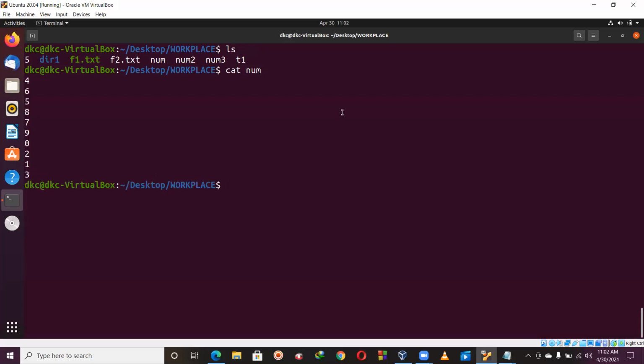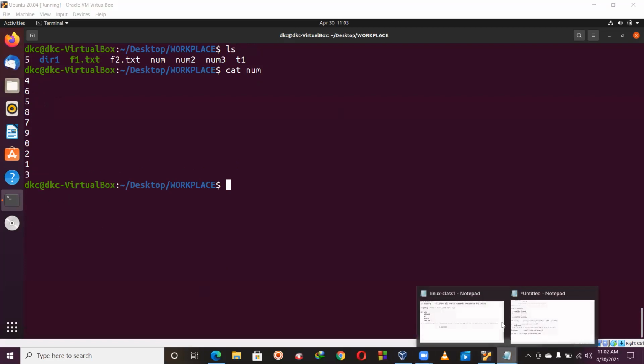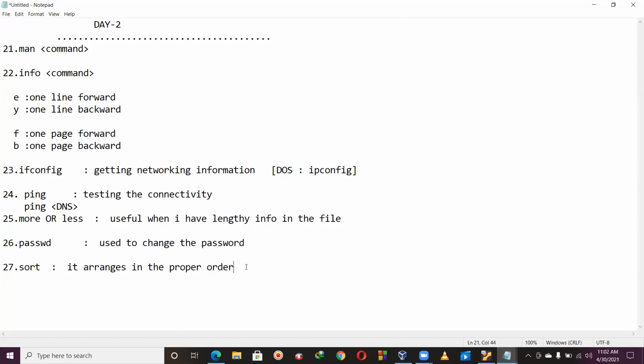So what is the content of the file? 4, 6, 5, 8, 7, 9, something. Okay, it is not in order. So I want to get the information in sorted order. But by default, it goes in which order? Ascending order. In ascending order.